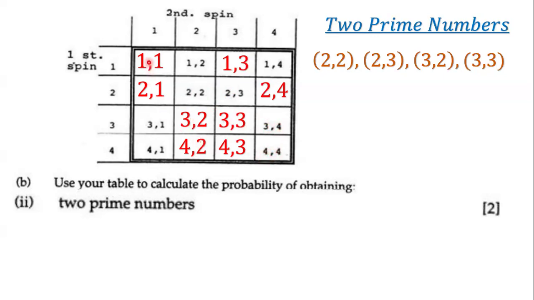We can't use 1, 1 because 1 is not prime, and so on. So there's only 4 times this happened, right? So it's going to be 4 over 16. So the probability of getting two numbers that are prime is 4 over 16. 4 because it's only 4 times that this happens, and 16 because there are 16 possible outcomes in our sample space. When we divide it, we get 0.25.